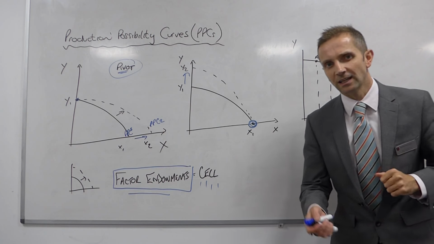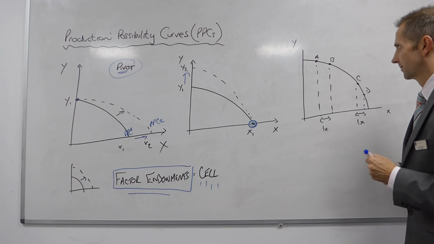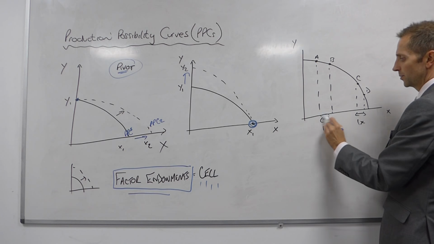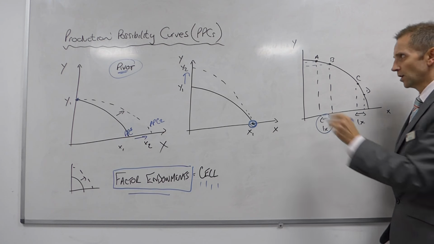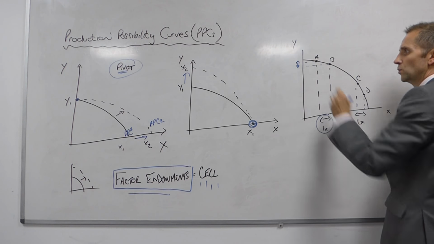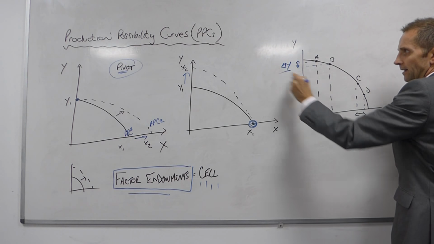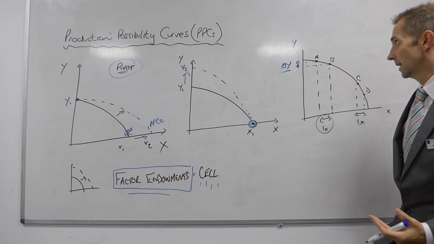Now the interesting thing, ladies and gentlemen, is this. When you go from A to B and produce 1 more unit of X, the nation only gives up this amount of good Y. So that's our delta Y in effect. That's how much of good Y we're giving up.